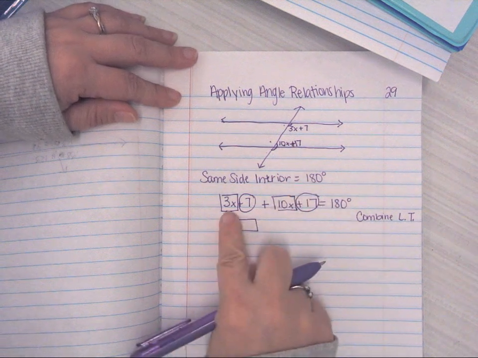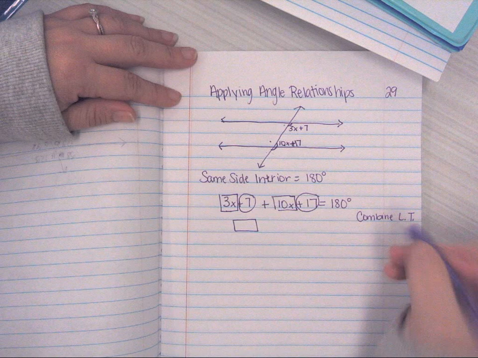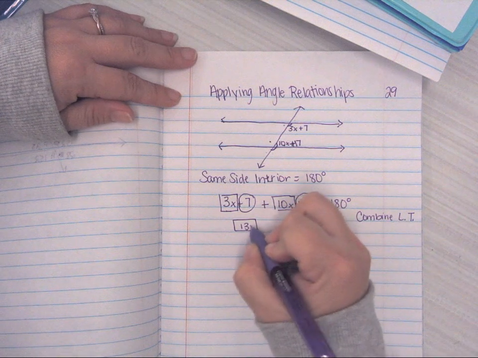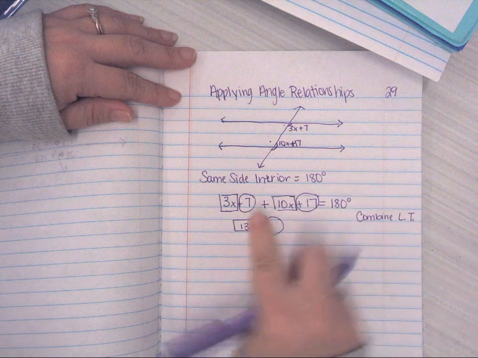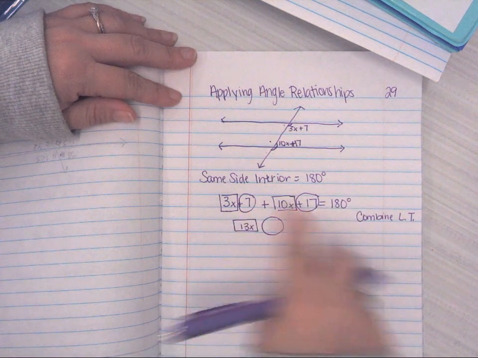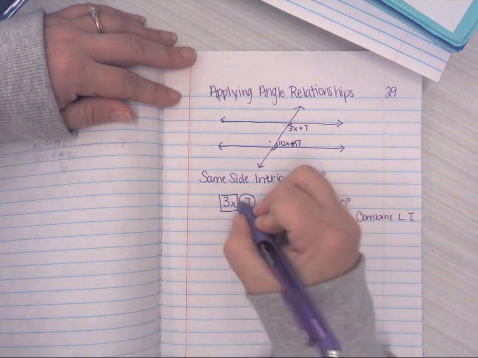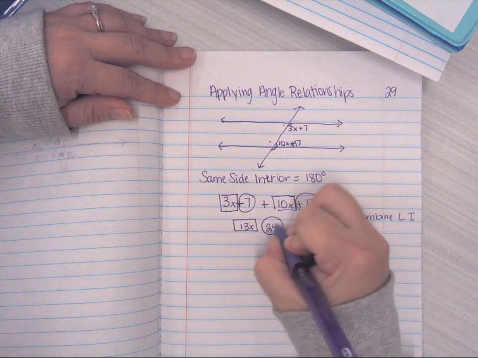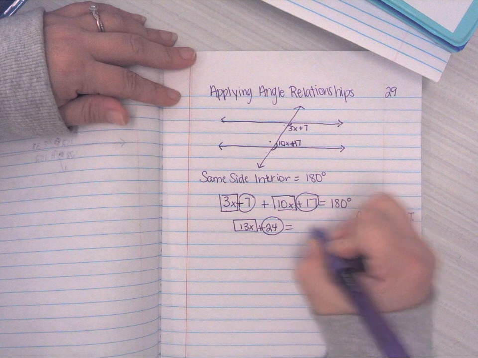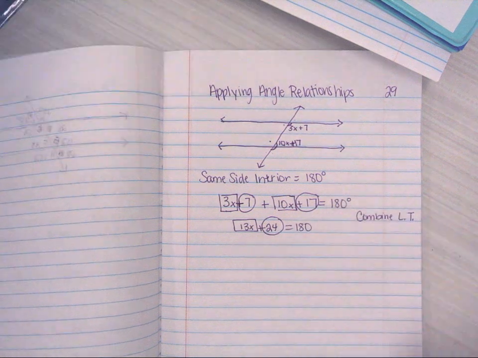I have 3x plus 10x. I'm combining those like terms. That's 13x. Set my circles. 7 plus 17, and it's positive, right? It's plus 7. So 7 plus 17 is 24. And that's equal to 180 degrees.